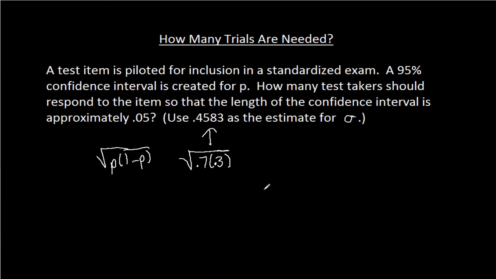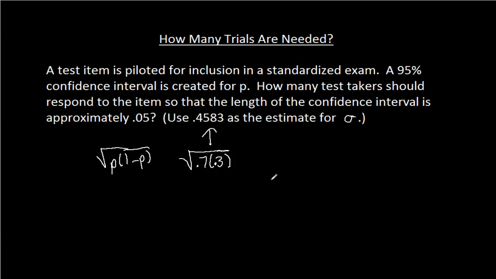So when you're designing a statistical study or an experimental test, it's good to have these kinds of things in mind. How precise of a result do we want at the end? Because how precise of a result we want is going to affect how many trials we need to do, or how big our sample size is. Here, how many students we need to respond to the test item to give us the estimate.